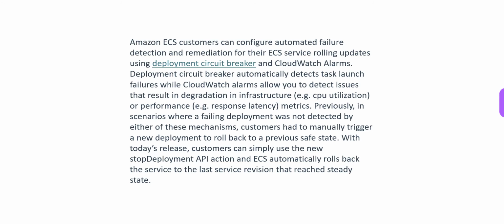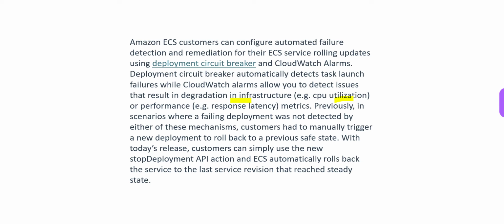So in the month of May 2025, ECS for AWS has launched this new feature. You read this carefully. There are CloudWatch alarms set up. The deployment circuit breaker automatically detects launch failures. And CloudWatch alarms allow you to detect these issues like degradation in infrastructure, CPU utilization.